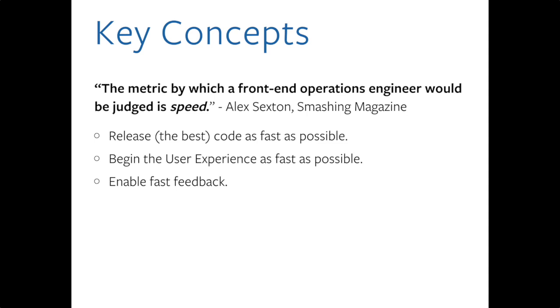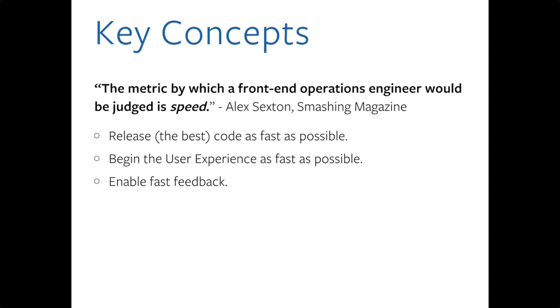So what we talk about is the speed at which we can get code that we're working on day to day, our features, up to the server. Then we have the speed that we can get that code, that experience, to start happening on the user's browser. And finally, getting metrics and data back from the user, back to the developer, and completing the loop, and allowing us to make better products.